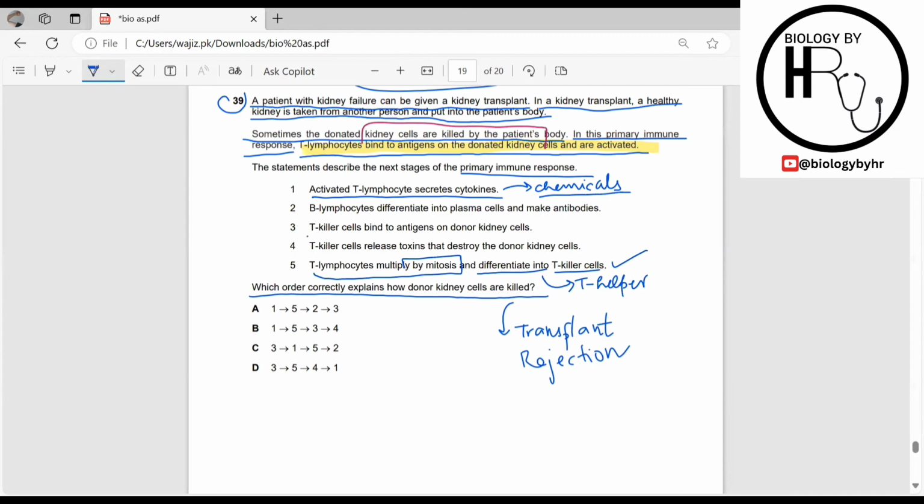The T killer cells are going to bind to the donor kidney cells. And as they bind, the T killer cells are going to release the toxins that destroy the donor's kidney cell, and within that toxin there must be the granzymes and the perforin.